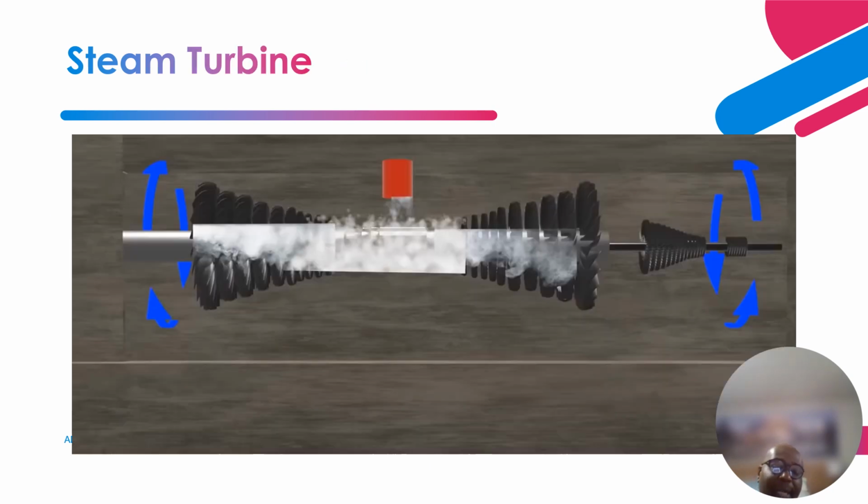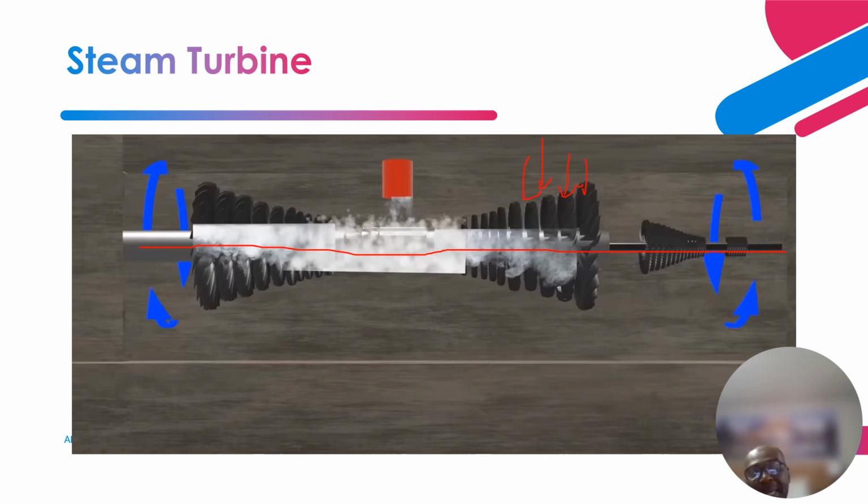This is a nice picture of how the steam turbine looks. Remember, I mentioned that the steam turbine has blades. This is the shaft of the steam turbine, and it's very horizontal. These are the blades, and you have steam coming in to impinge upon them.